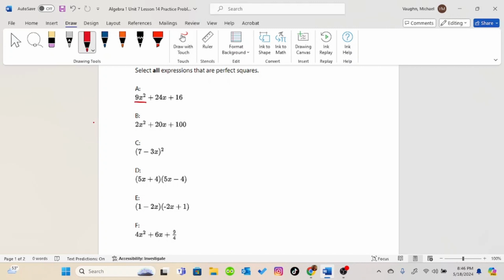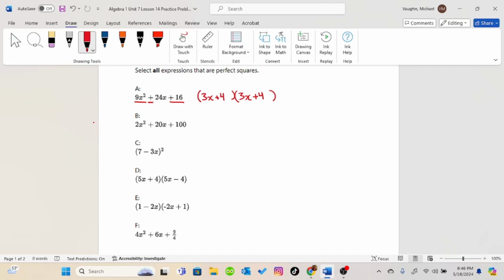ax squared and c would need to be squares, and they are. In this case, we would have 3x times 3x to get 9x squared, and because this is positive, we would have plus 4 and plus 4 to get 16.